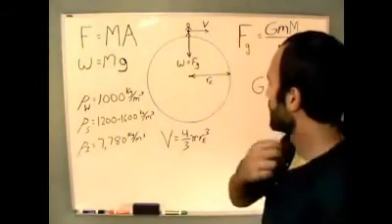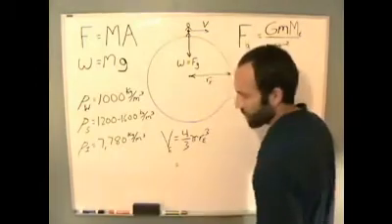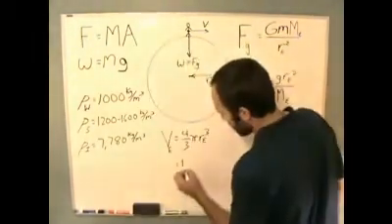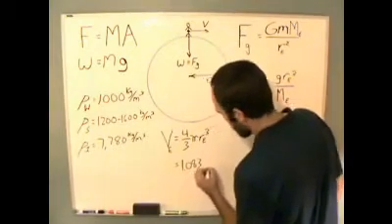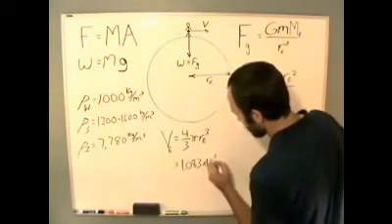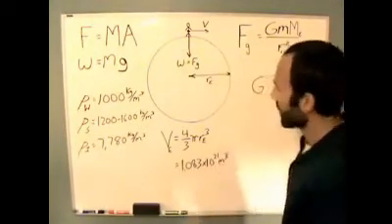Now, based on the volume of Earth, let's call that VE, the volume of Earth is actually 1.083 times 10 to the 21 meters cubed.